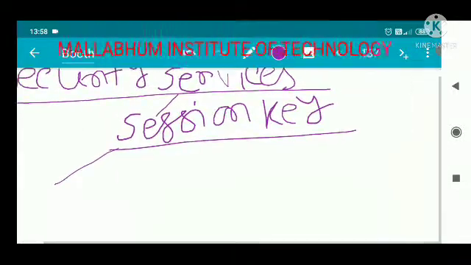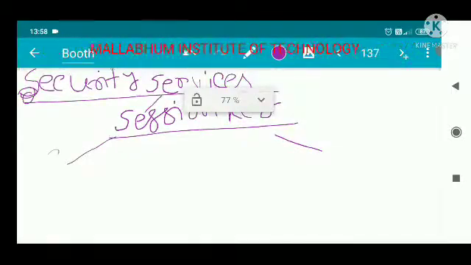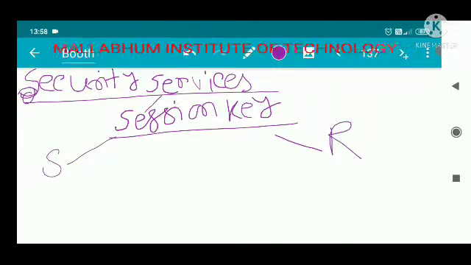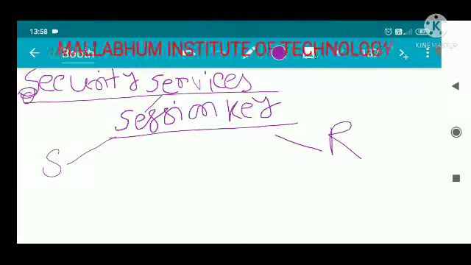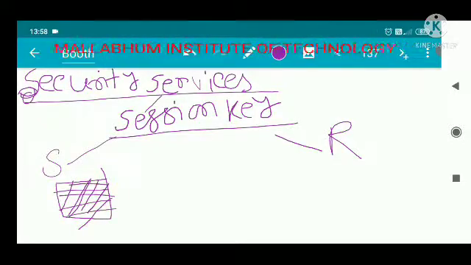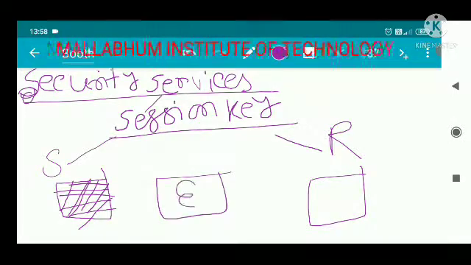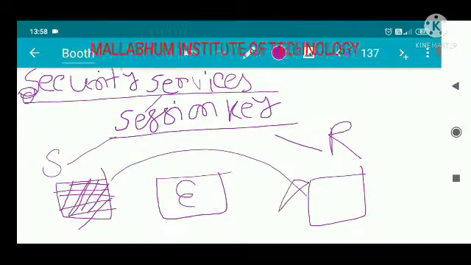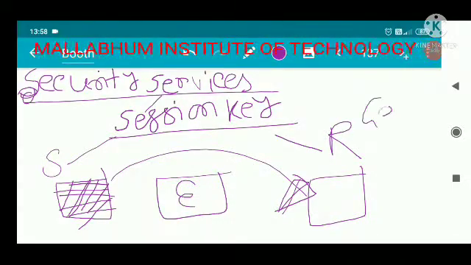There is a sender and there is a receiver. The sender is sending some data, and with the help of this session key the message will be encrypted and sent to the receiver. With the same process, the receiver will get back the original data.